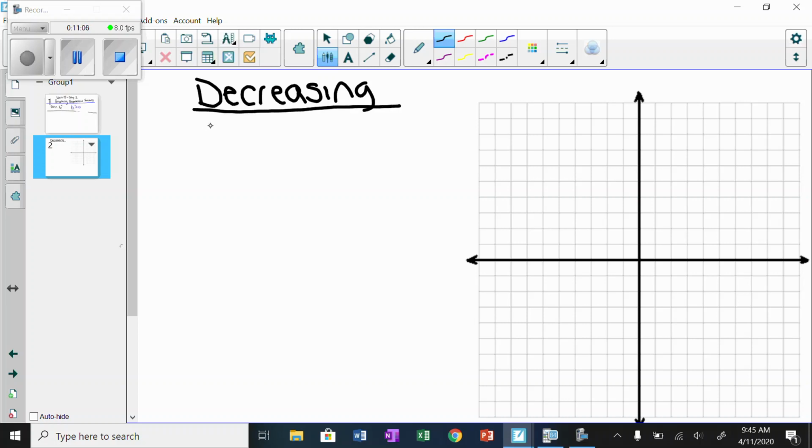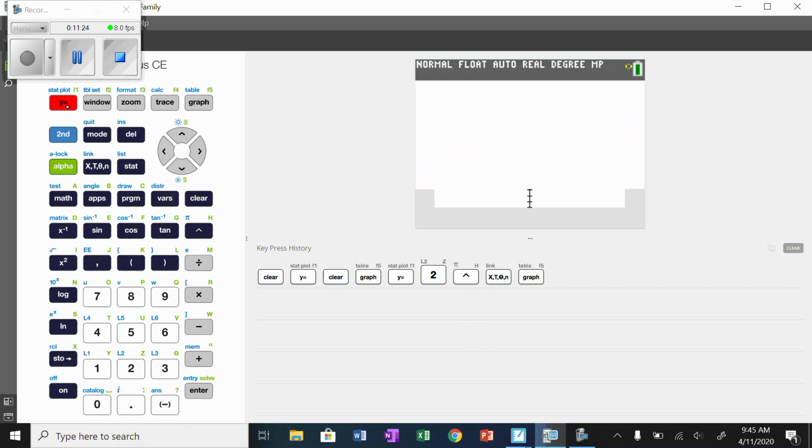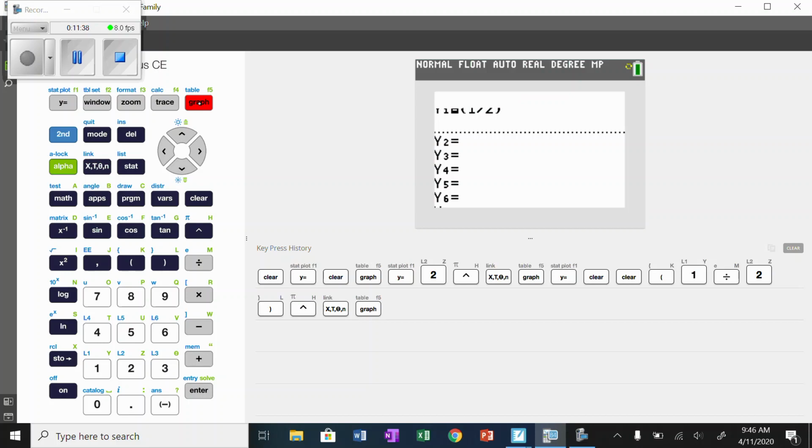It's going to be decreasing when our value of b is between 0 and 1. Let's go back to our calculators and see what that looks like. Let's take a value for b between 0 and 1. I'm going to choose a half. So let's go through and enter this in. I'm going to put parentheses, then 1 divided by 2. That's my base of b, and I'm going to raise it to the x power. And now we're going to hit graph.